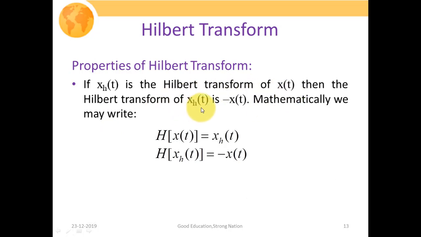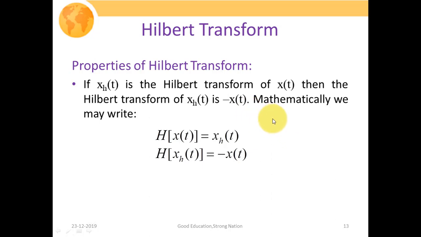The next property is, if xh of t is the Hilbert transform of x of t, then the Hilbert transform of xh of t is minus x of t. This proof is also quite intuitive and easy. If we take any signal x of t and take its Hilbert transform, it means we have a minus 90-degree phase shift from the original signal x of t.